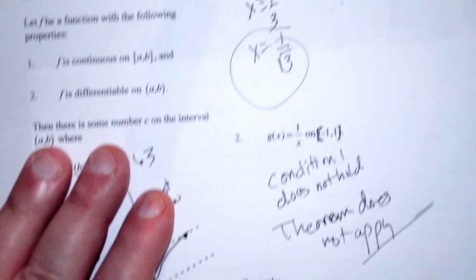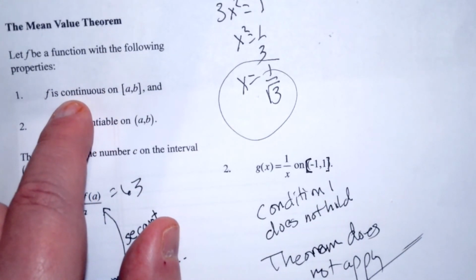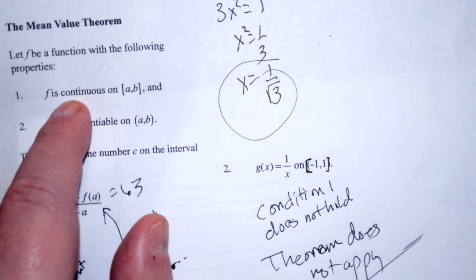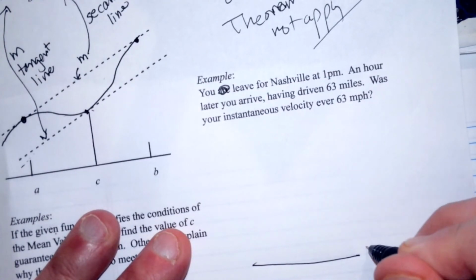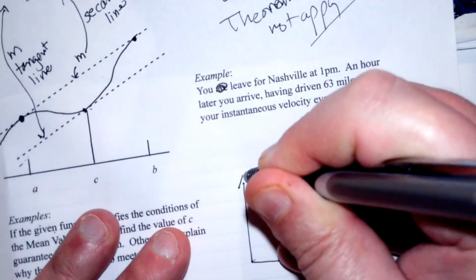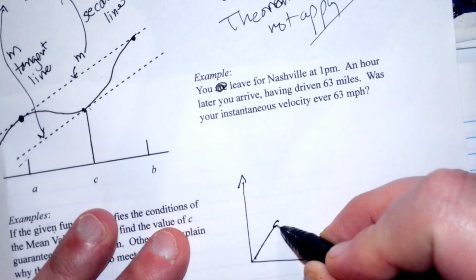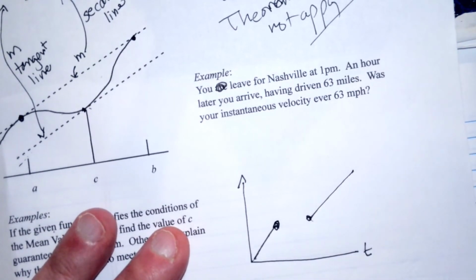Alright, so here f is the position function. Is your position function continuous, assuming your position is a function of time? Well, let's think about that. Here's time t. Here's the position. What would it mean if your position function looked like that?